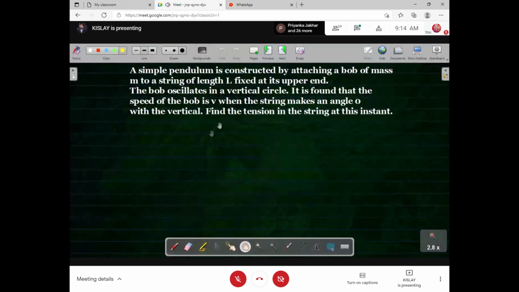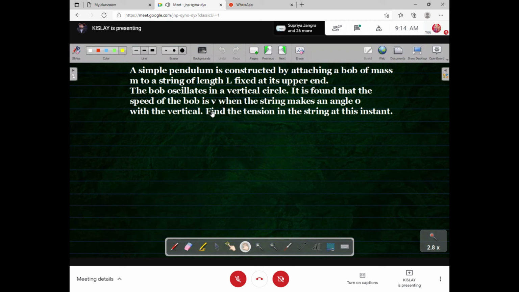A simple pendulum is constructed by attaching a bob of mass m to a string of length L fixed at its upper end. The bob oscillates in a vertical circle.